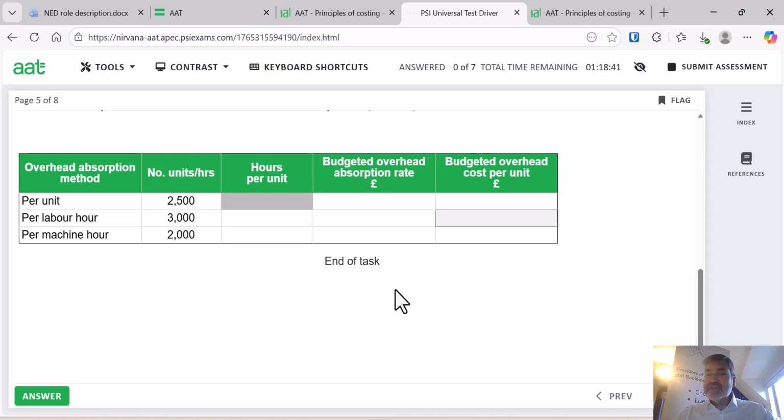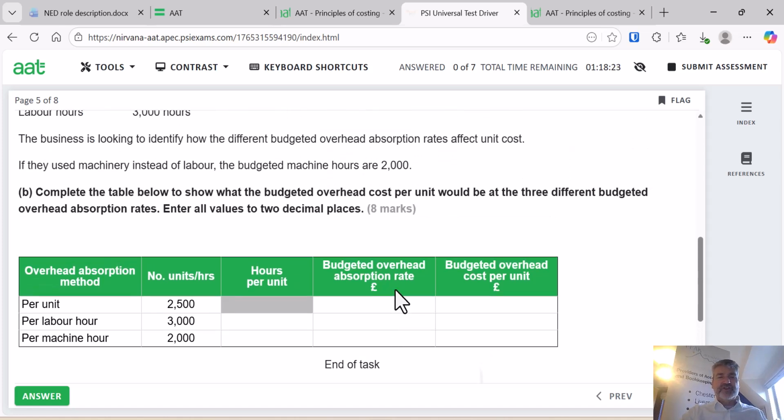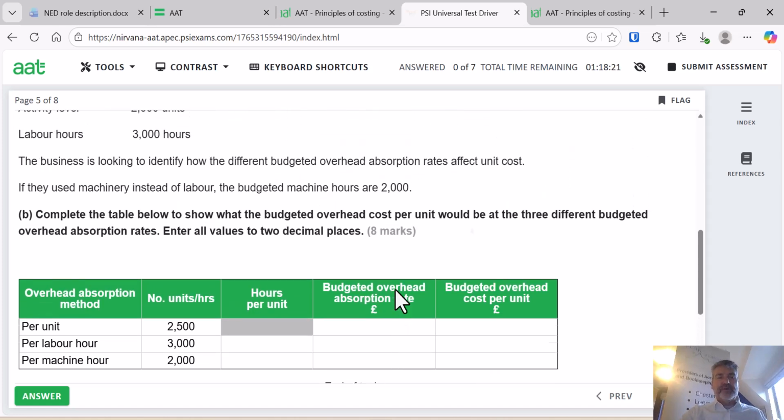So to start with, let's work out the figures for the first column. What we need to work out for labour and machine time is how many hours of labour, how many hours on the machines, it needs to produce one cost unit. We can use the information in the question to work that out.